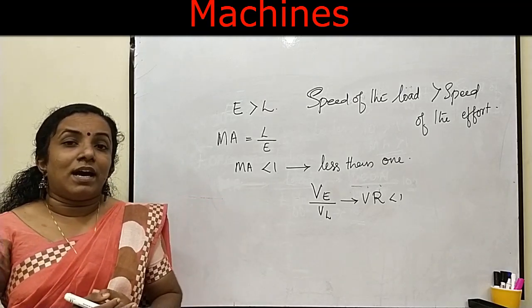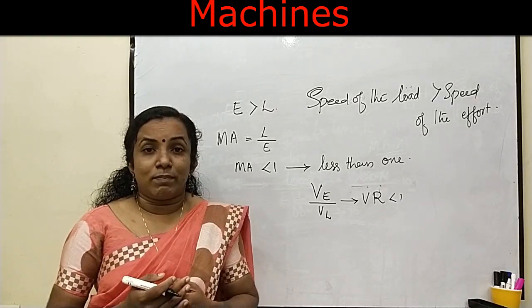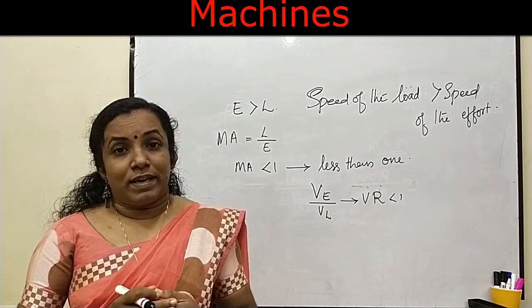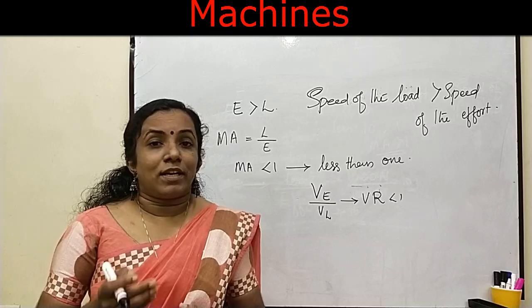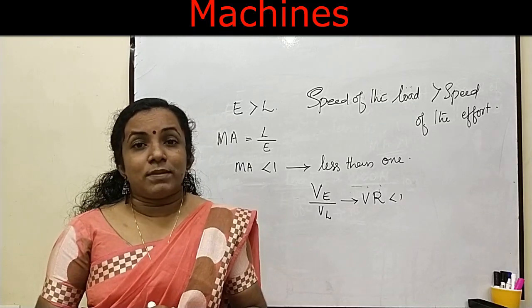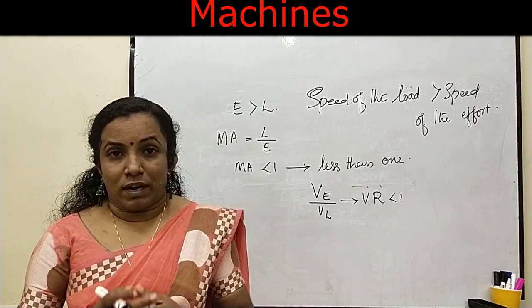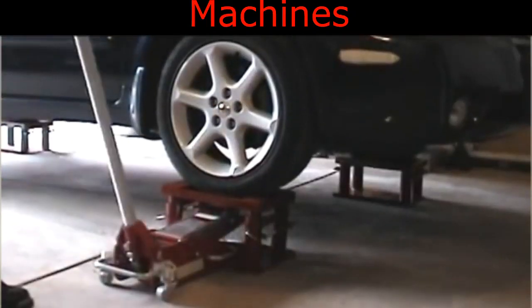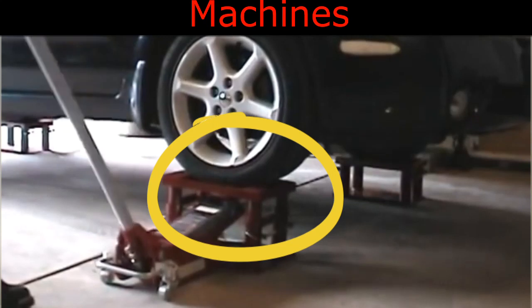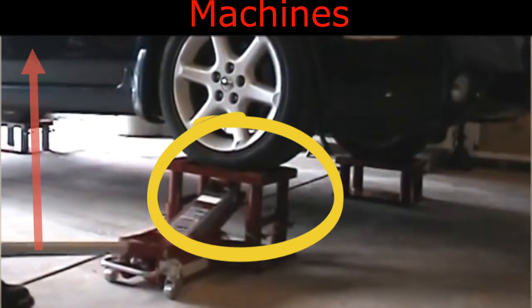So, what will be the other case? That means the force multiplier. In the case of a force multiplier, the load is more than that of effort. Hence, mechanical advantage is greater than 1. But the movement or the speed of the load is less than that of the speed of effort.